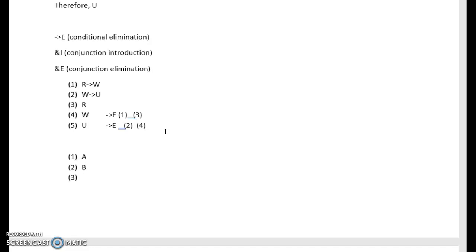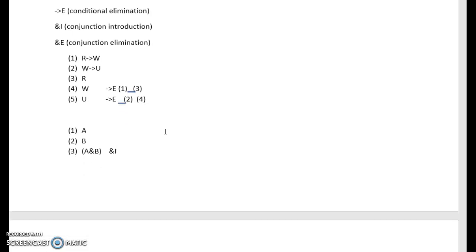You would say A and B, and this is a conjunction introduction. I still have to cite the lines, right? So this cites lines 1 and 2, right?